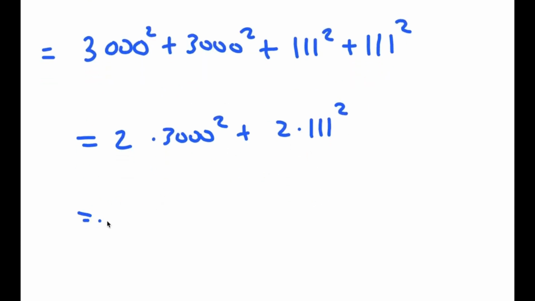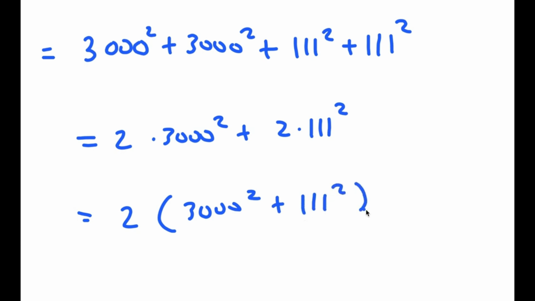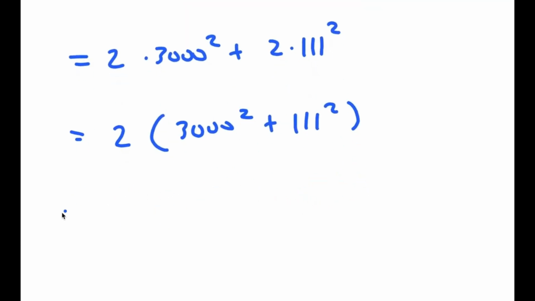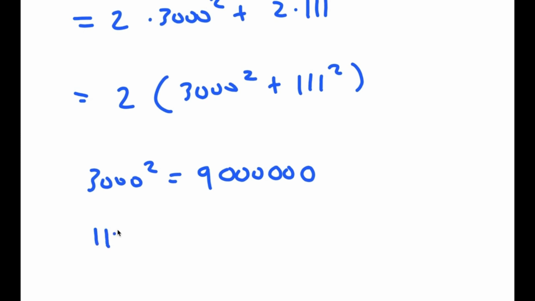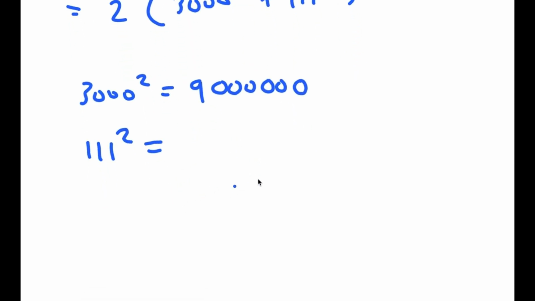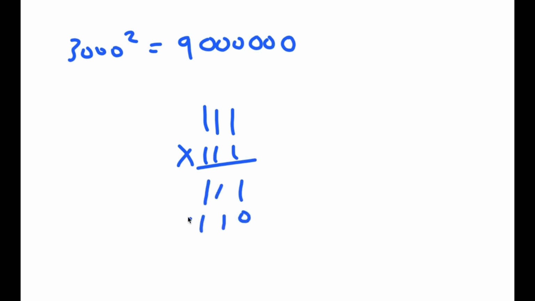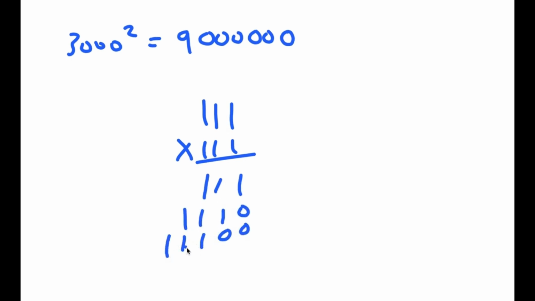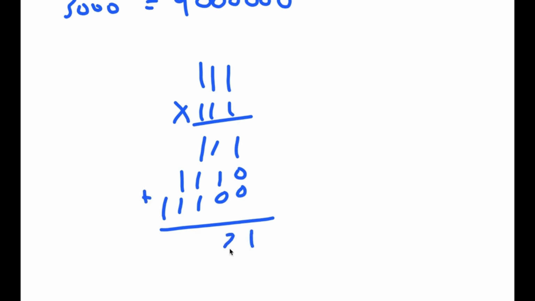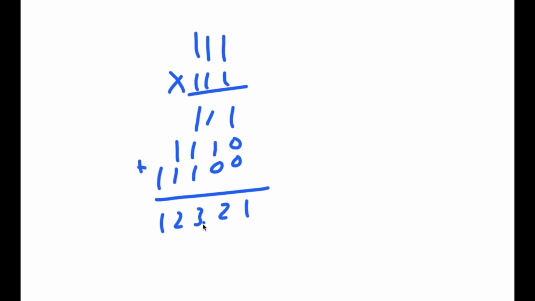So now if I factor out 2, I get 2 times 3,000 squared plus 111 squared. Now 3,000 squared is equal to 9 million. And 111 squared, we can actually solve this right here. 111 times 111 is 12,321.